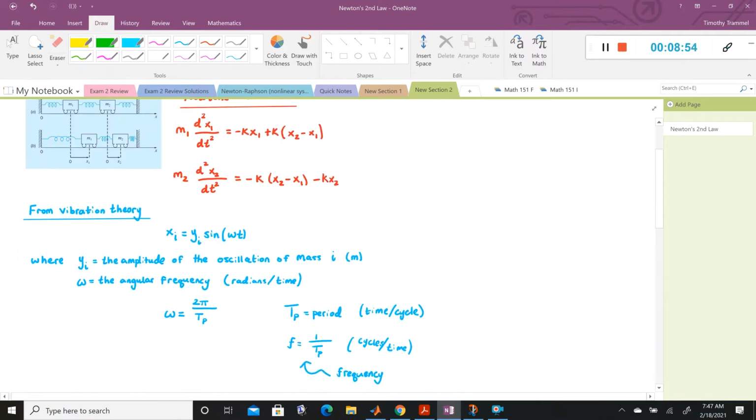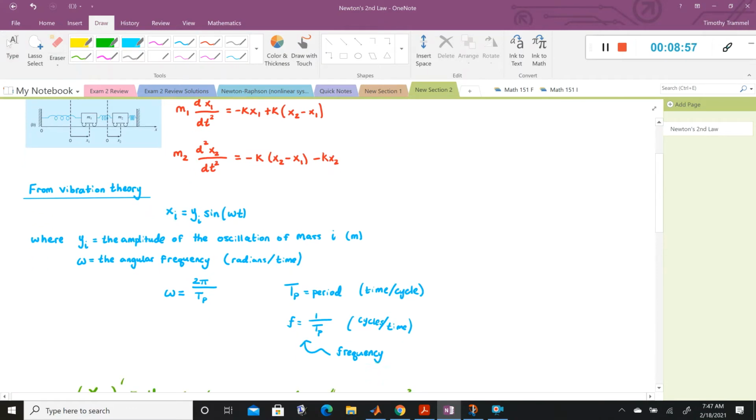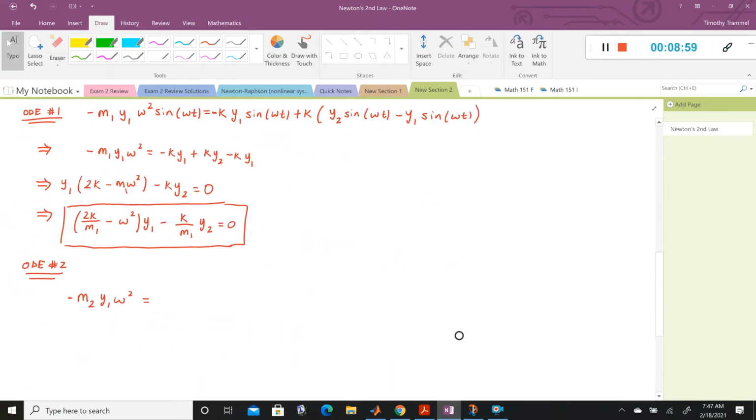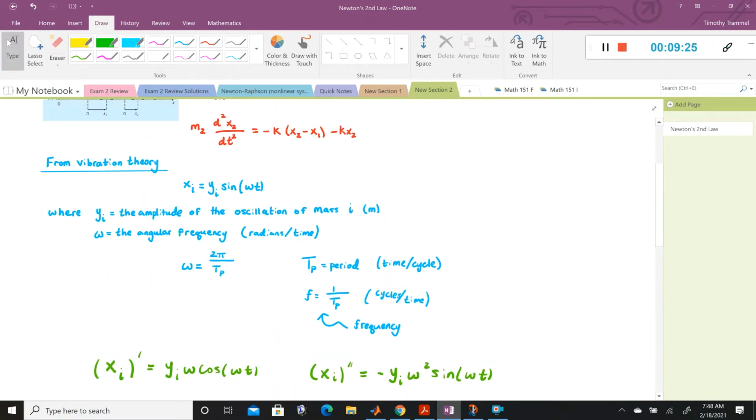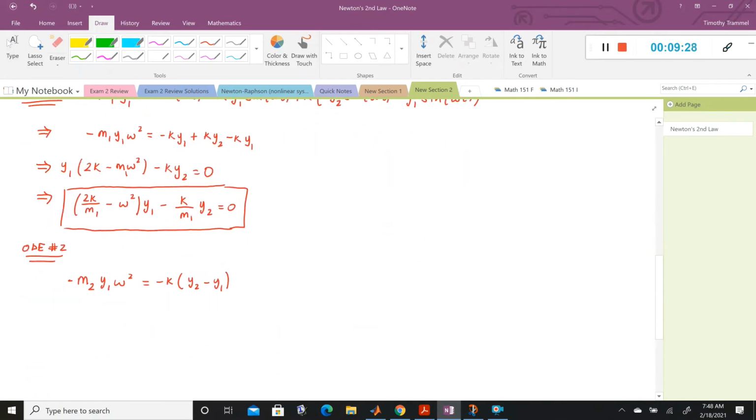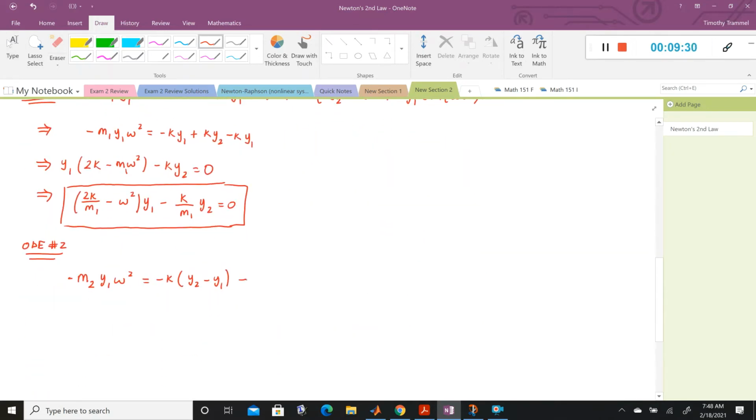See what we have up above, and then minus k times x2 minus x1, so that's going to be just y2 minus y1, right? This would have been y2 sine of omega t minus y1 sine of omega t, but we've divided that out already. So there's that. We're getting closer. And our last term here should be minus k x2, so minus k y2.